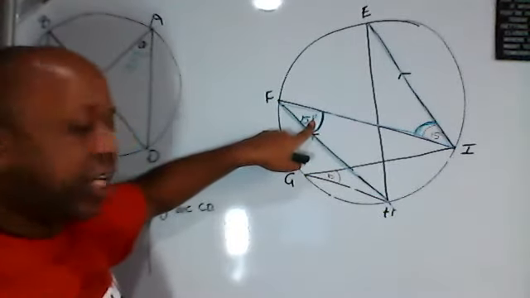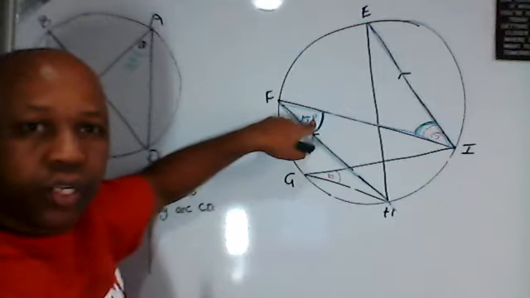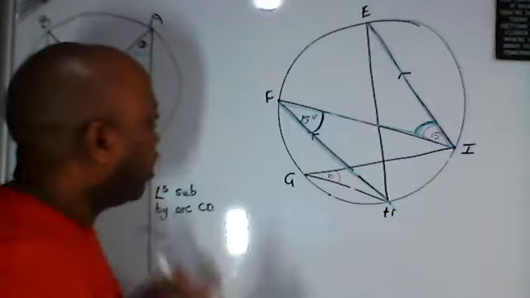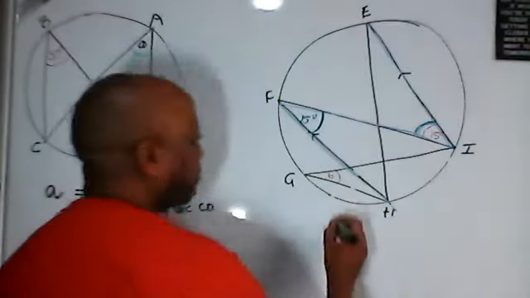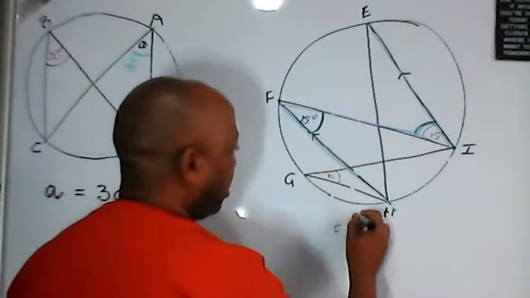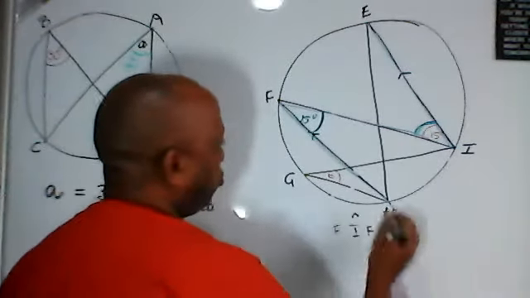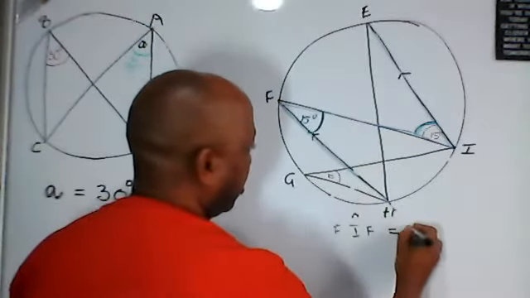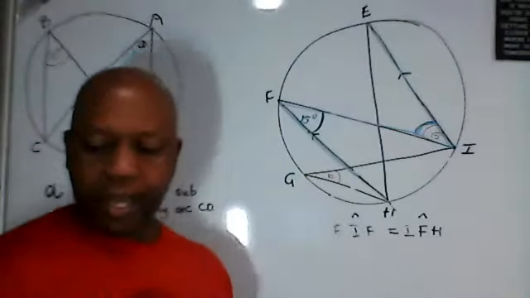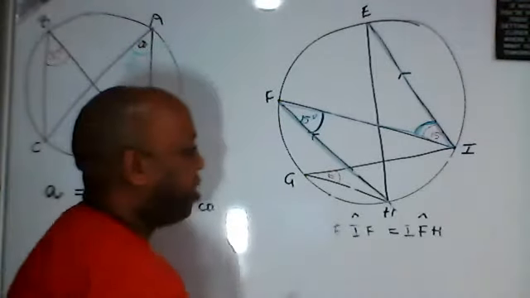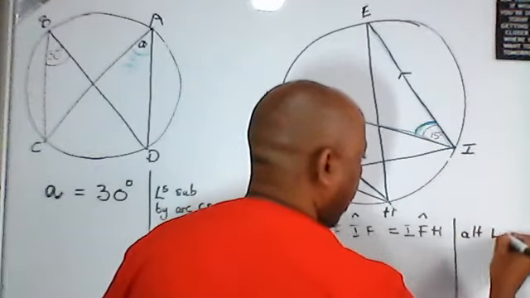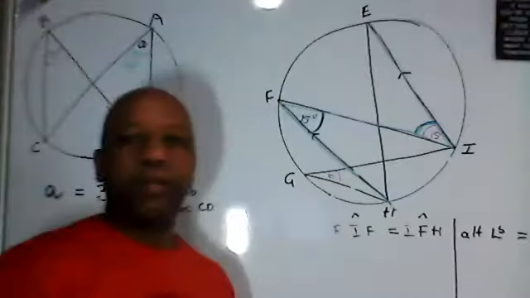So that will also be 15. In other words, IFH will also be equal to 15 degrees. I want to write that down so that we don't lose that thought process. Angle EIF is equal to angle IFH, and our reason is that alt angles are equal.